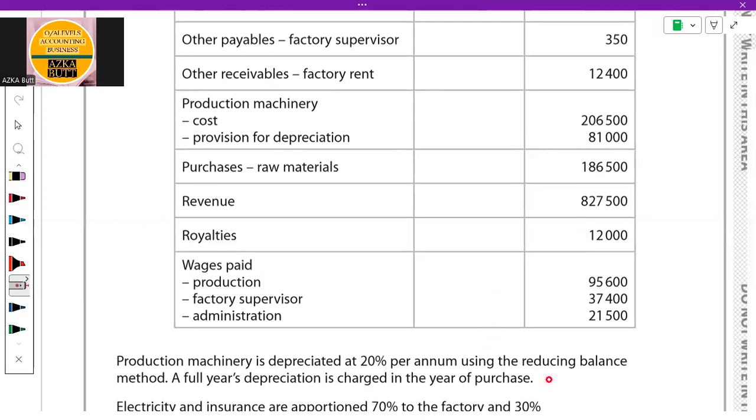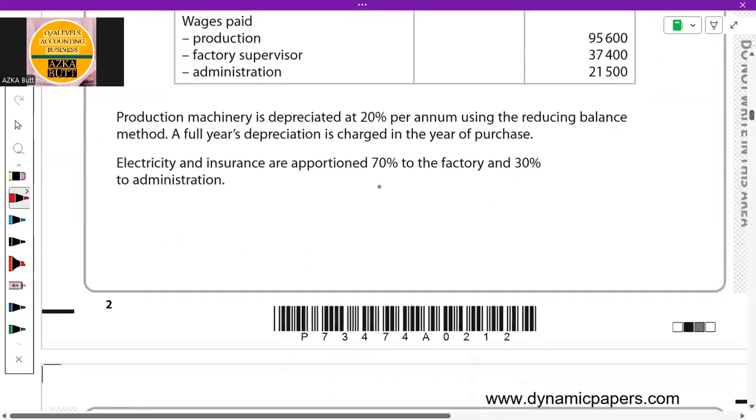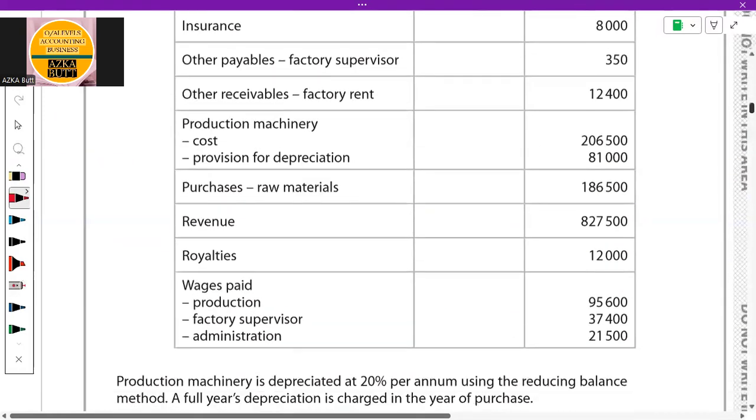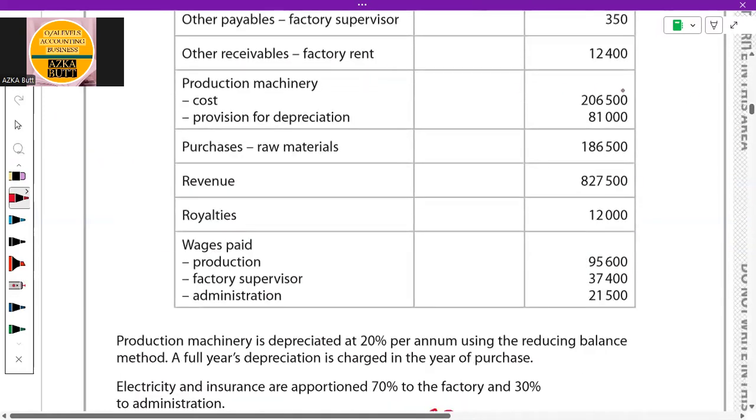First we find the net book value, so we deduct the accumulated depreciation, the provision for depreciation, from the cost. The cost of the production machinery is 206,500, and its provision is 81,000.